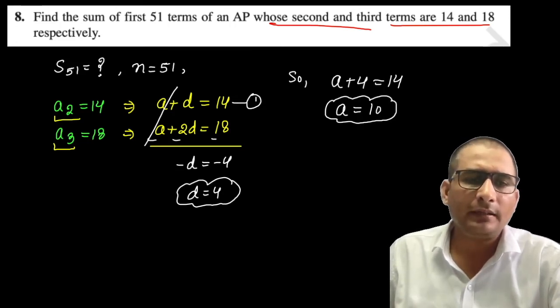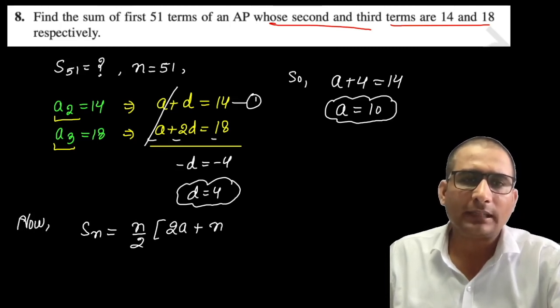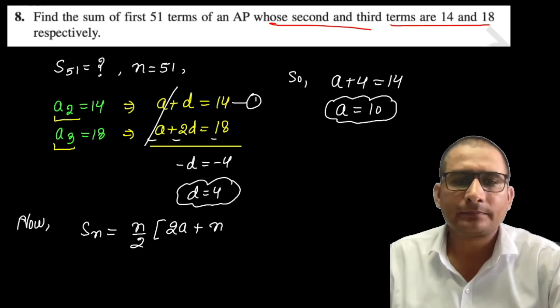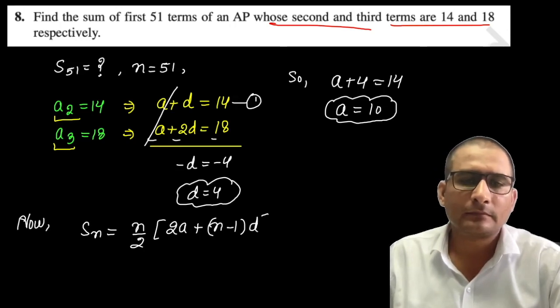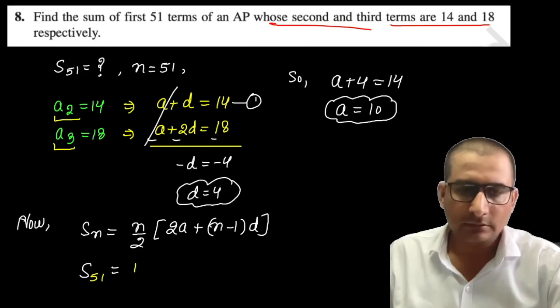What we need to find here? We need to find Sn. The formula is 2a plus n minus 1 into d. So the n is given here. हमें find करना है S51. So n की जगह पे रखेंगे 51. So here also 51. Not 15.